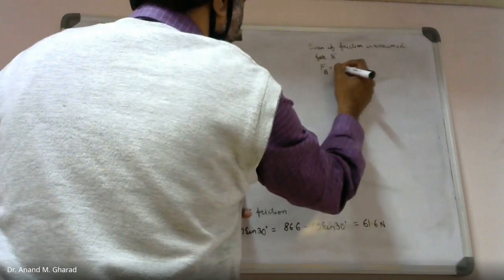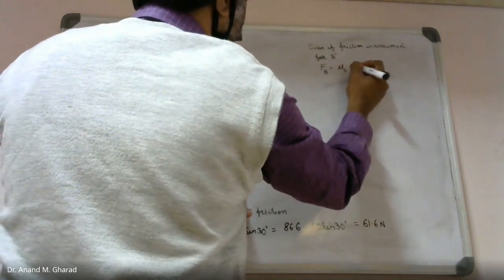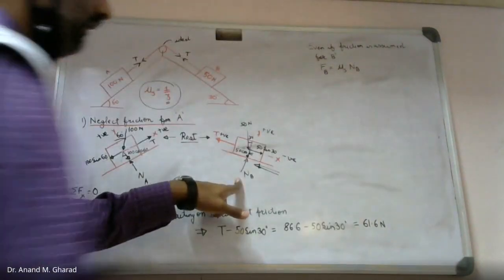F_B for the time being is mu_s into N_B, correct?